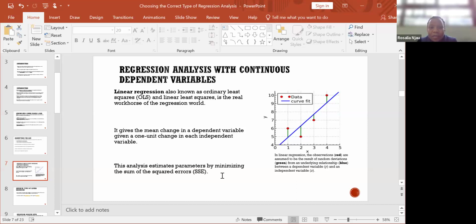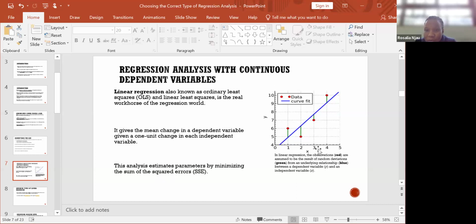It gives the mean change in a dependent variable given one unit change in each independent variable. This analysis estimates parameters by minimizing the sum of squares, the sum of squared errors.